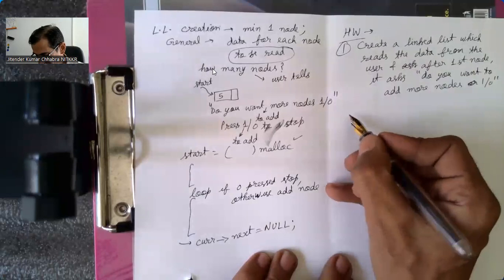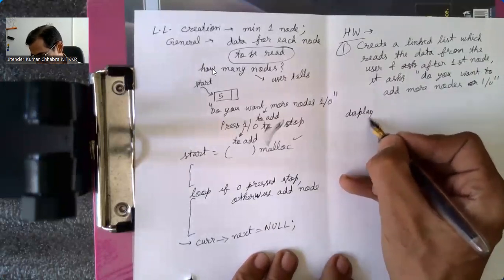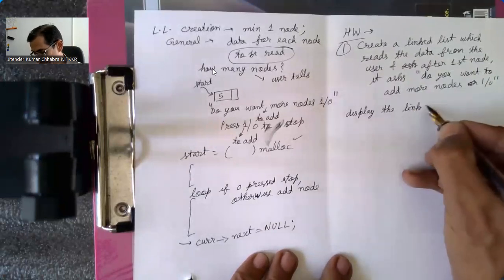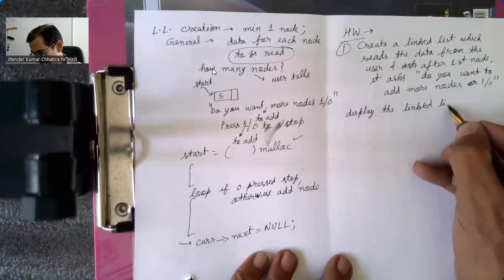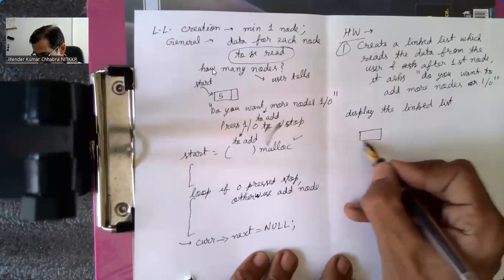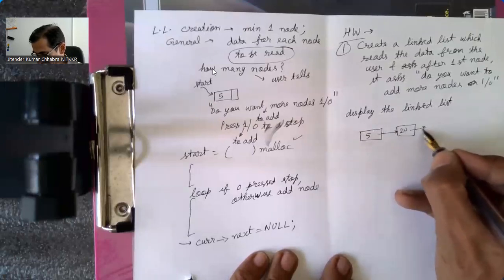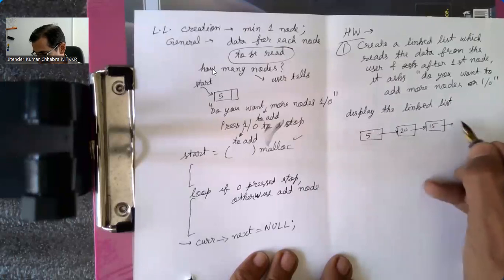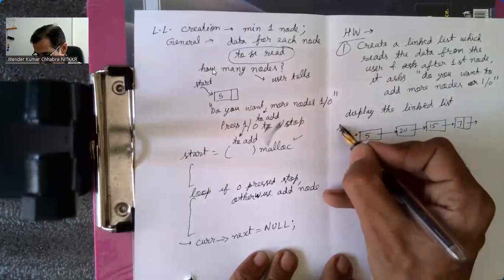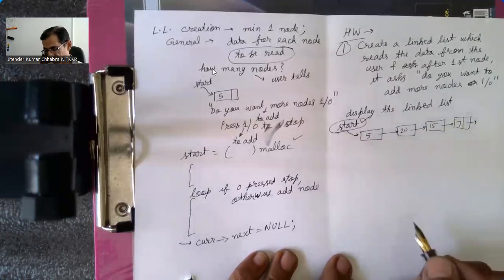Then, the second part is to display the full linked list. Like an array, you traverse and display. If I have a list like this, say 5, 20, 15, 7, and so on, the display process means you always have your start pointer available.